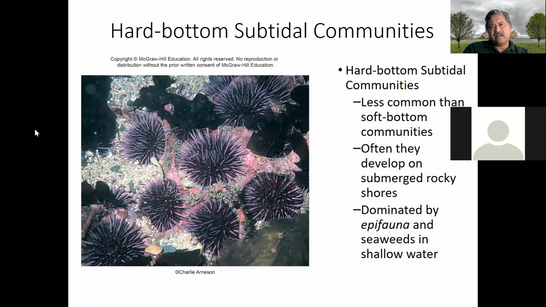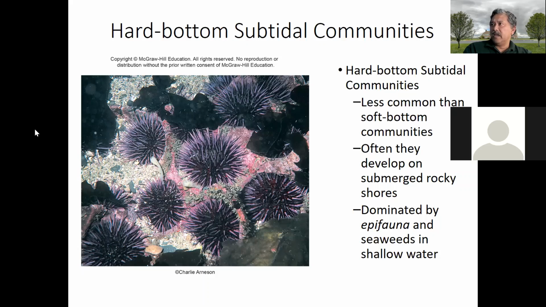And these are less common than soft-bodied communities. They are found off the coast of California, where there is a much smaller continental shelf region, and so they can develop when the rocky shores are submerged below the low tide level.